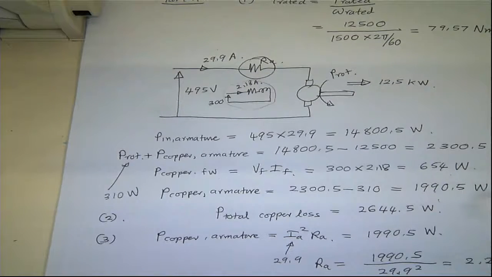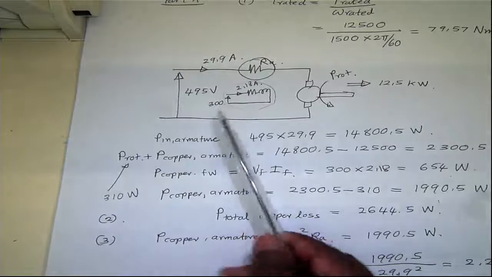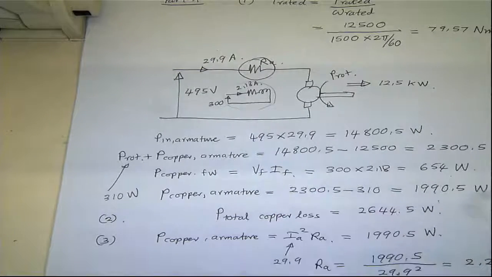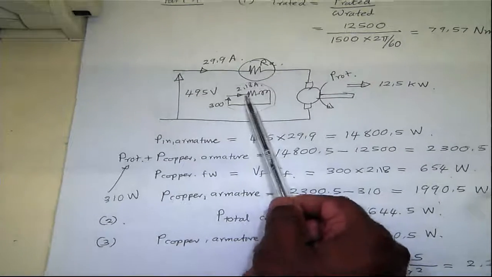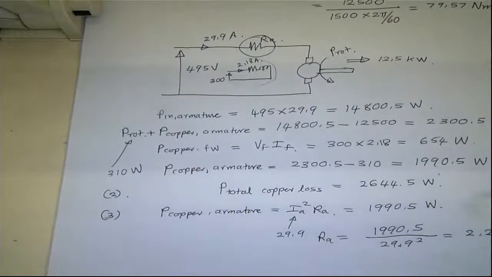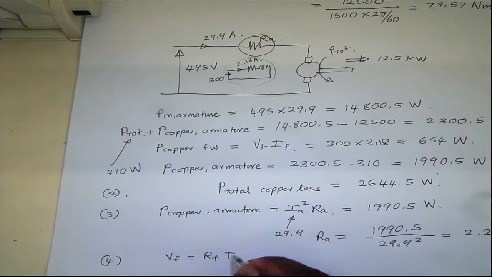And the fourth part is to figure out the field winding resistance. So you are given the field winding voltage and current. That's purely resistive, so voltage divided by current will give you the field winding resistance. So VF will be just RF times IF.